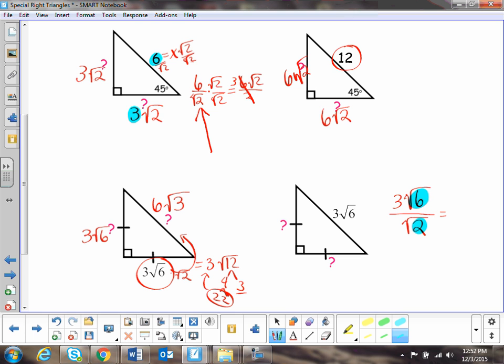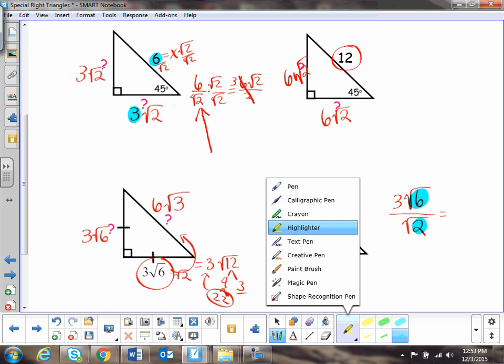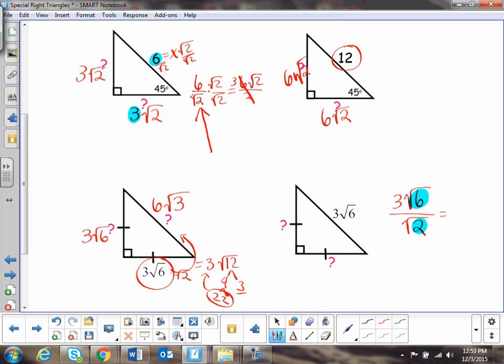If you have them like that, you can simplify those two together. So the way you can rewrite this is 3 radical. How many times does 2 go into 6? 3 times. So that can be reduced there. So this is 3 radical 3, and this is 3 radical 3.